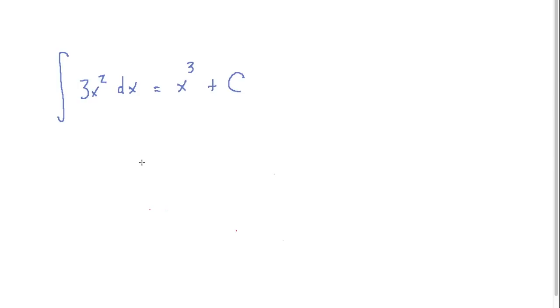This one's pretty easy, but how does it work when they get harder? You don't just want to be guessing all the time, so you want to make sure you're using the reverse power rule. Just like we learned the power rule for derivatives, we're using the reverse power rule for antiderivatives. In general, the rule works like this.